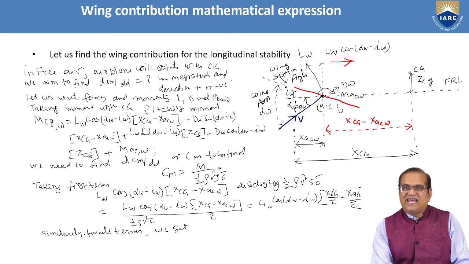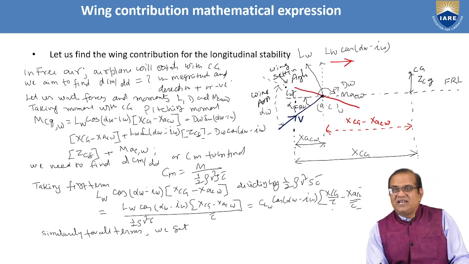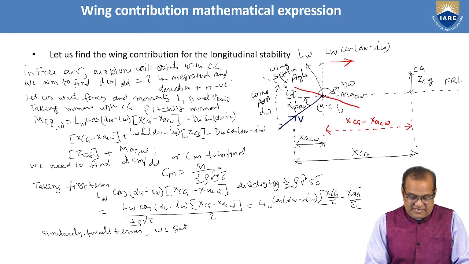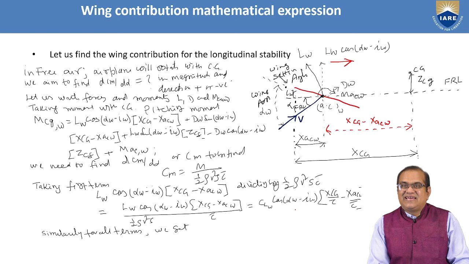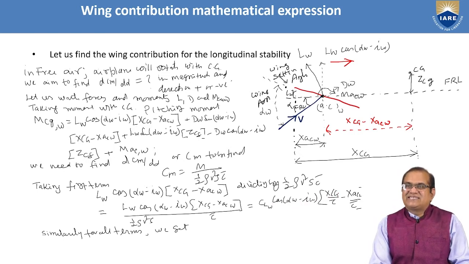So L_W by half rho V squared S is equal to C_LW. So C_LW cos(alpha_W minus i_W) into (x_CG minus x_ACW) by c bar.